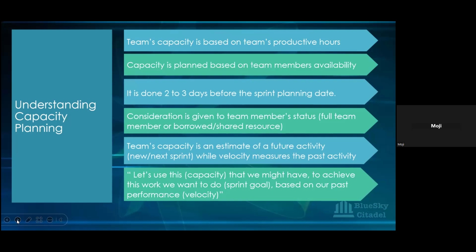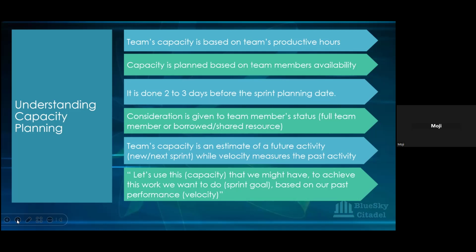But the productive hours we're talking about when it comes to team's capacity is the hours the developer actually uses coding, the hours the testers actually use carrying out a test. Those are your productive hours. There are some other hours which you use for meetings, your sprint planning meetings, your stand-up meetings and all that.